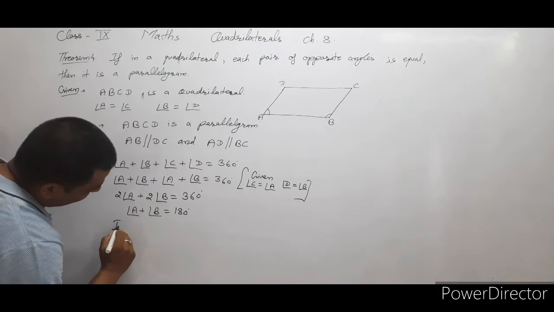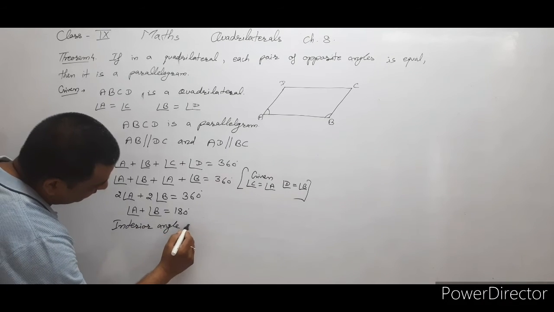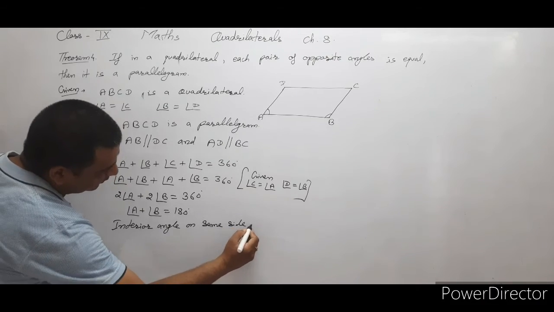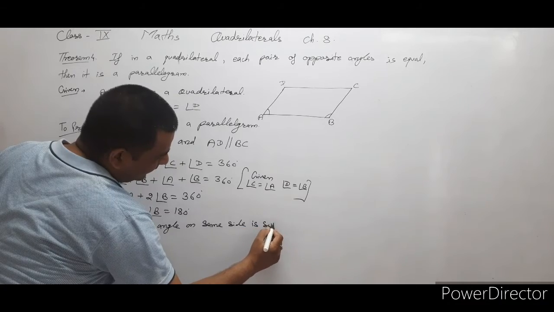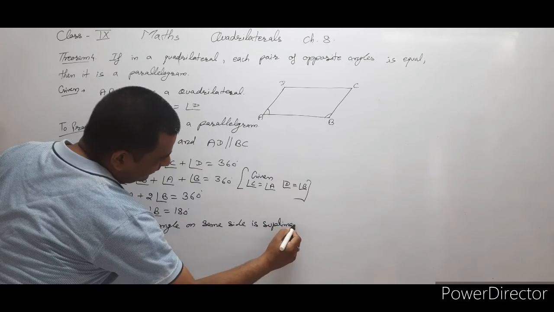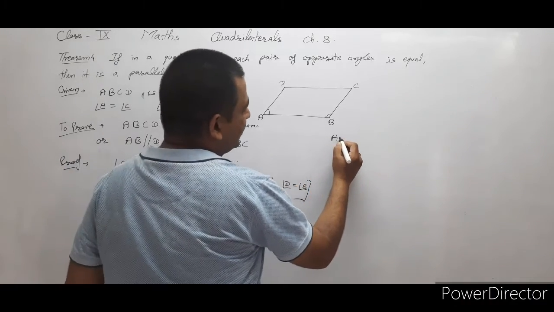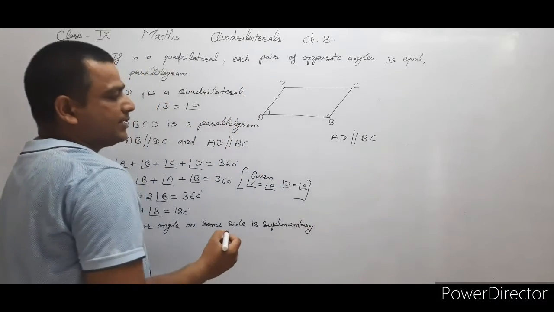If interior angles on the same side are supplementary, that means AD is parallel to BC.